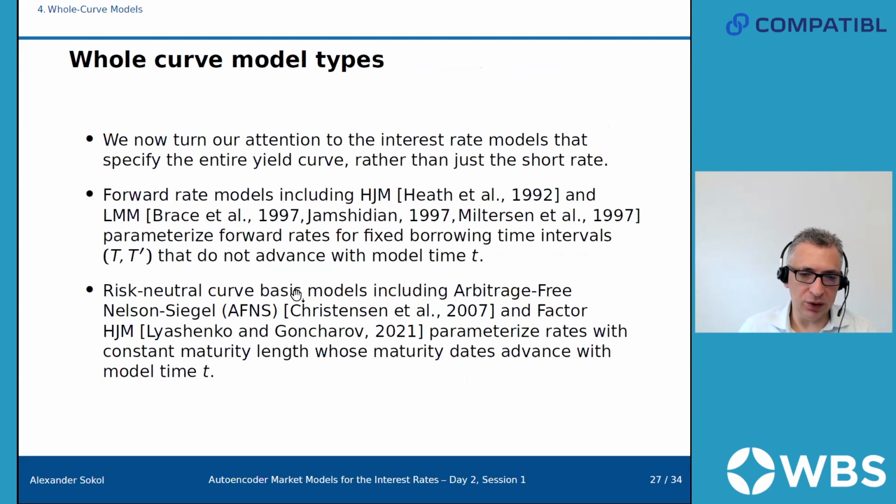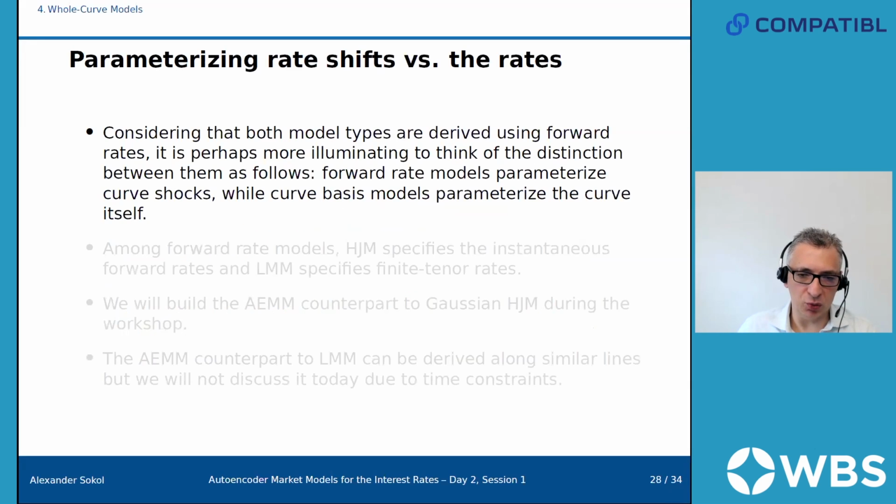What is really illuminating about the difference between these models is the distinction between parameterizing curve shocks and parameterizing the curve itself. HJM and LMM parameterize curve shocks, while arbitrage-free Nelson-Siegel and n-factor HJM parameterize the curve.